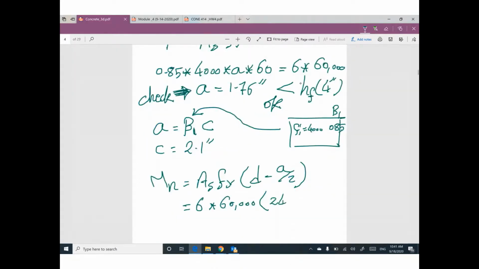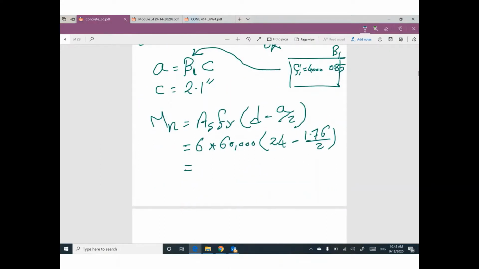Minus a, 1.76 divided by 2. So your final value of Mn will be 6 times 60,000 times (24 minus 1.76 divided by 2). This will be 8323.2 kip inch.